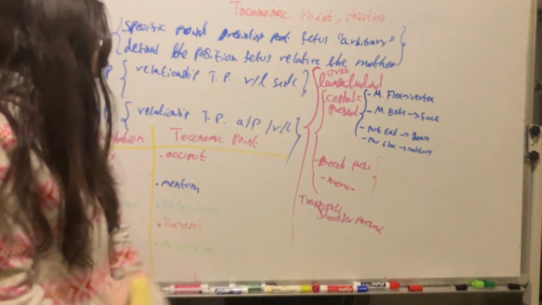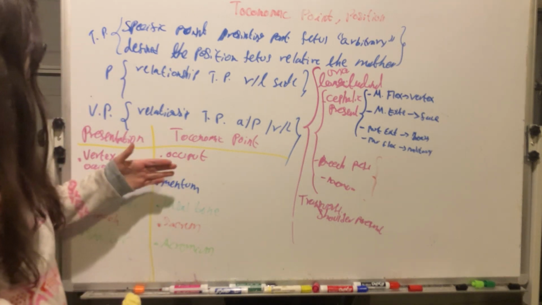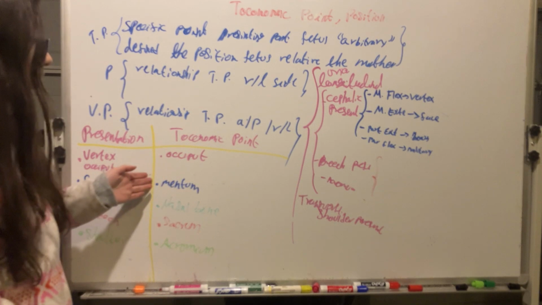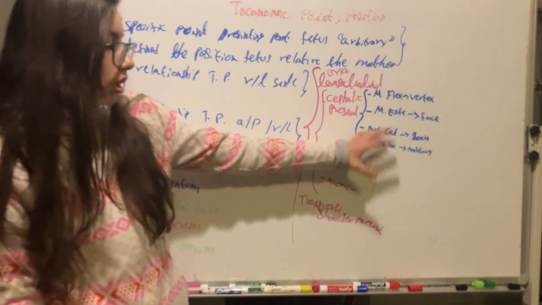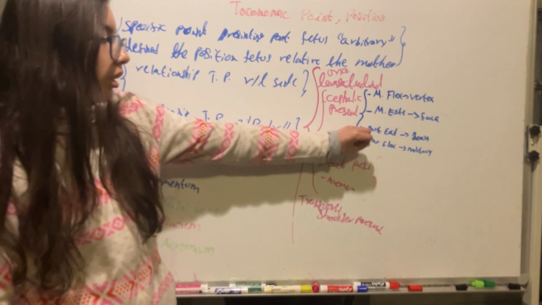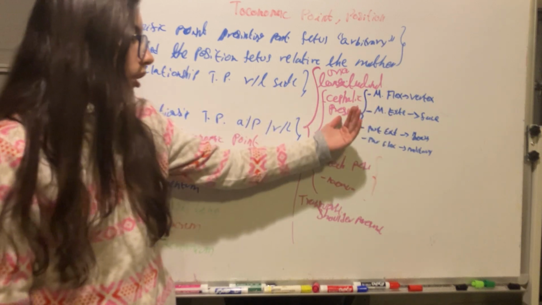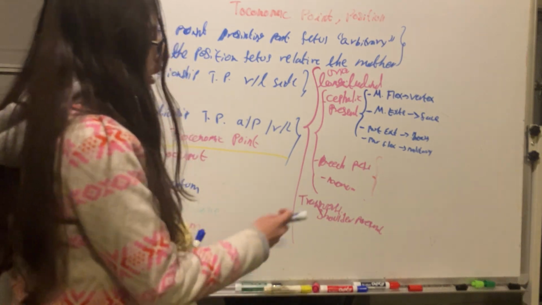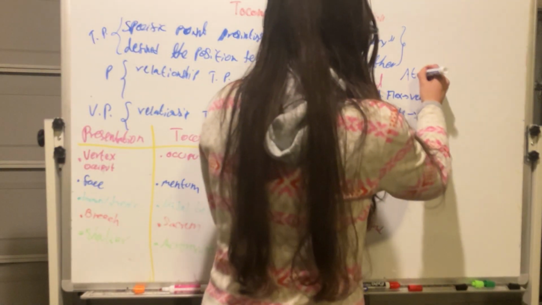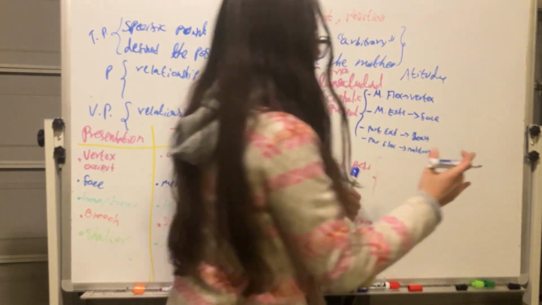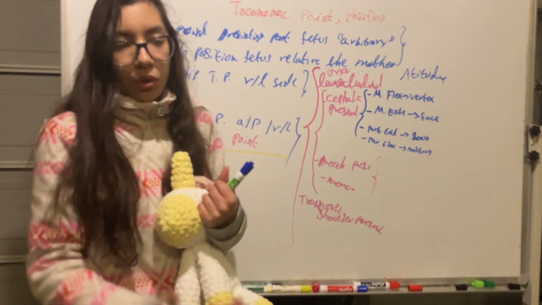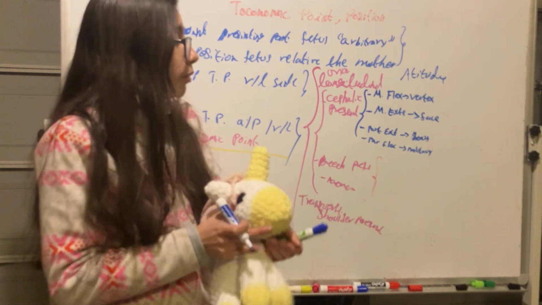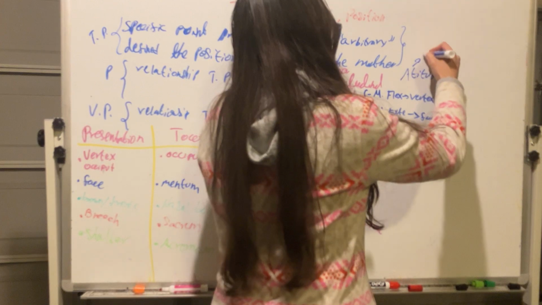Here we did a table of each tocogonic point of the cephalic presentations and also the others. Remember these presentations of the cephalic presentation we call attitude, because attitude is how the head relates to all the parts of the body. And remember that if we have fetal demise, the attitude is lost.